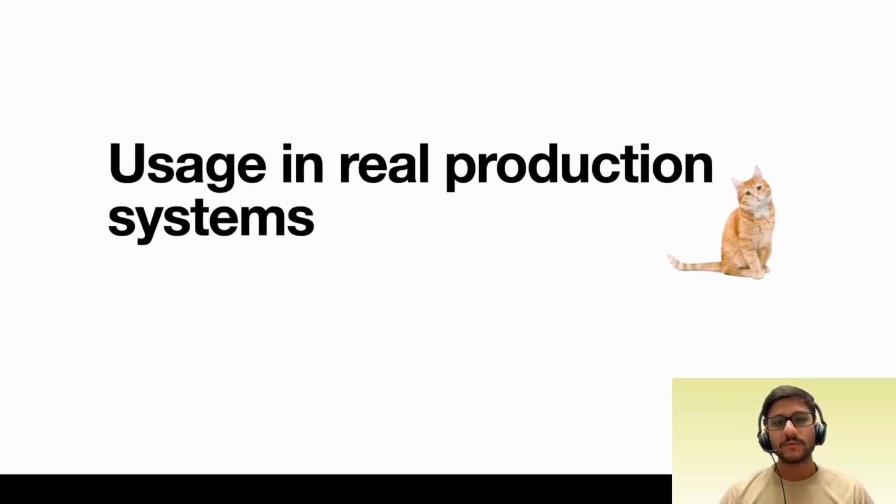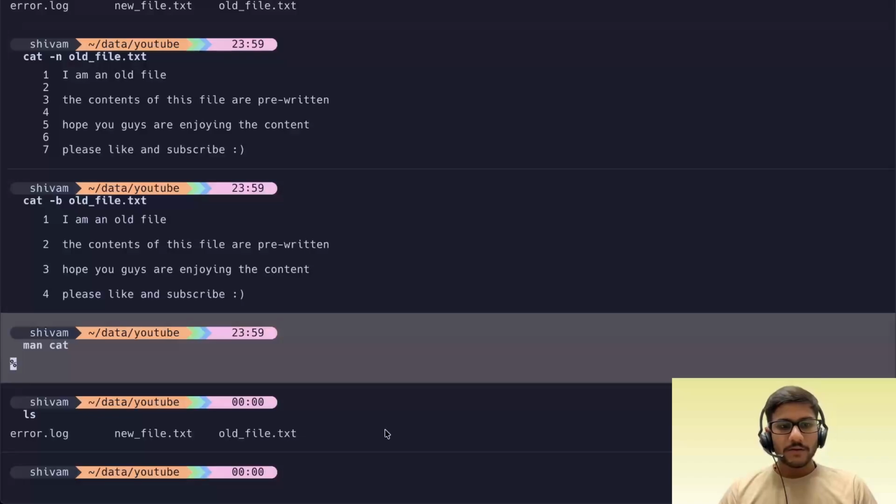Now let's go over a real world scenario where we can use the cat command. In real world scenarios, whenever you work in an organization and you face some errors in the system, there are usually logs that are created. And we can leverage the cat utility in Linux to our benefit. Let's see that in action. Here we have the error.log file.